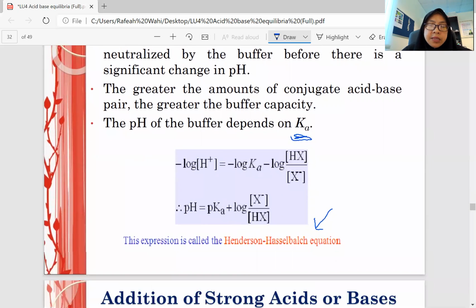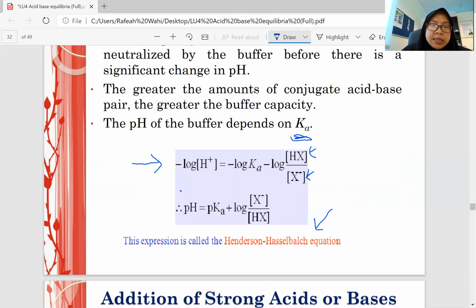The Henderson-Hasselbalch equation is expressed as negative log H plus ion equal to negative log Ka minus negative log concentration of the weak acid divided by the concentration of the conjugate base.